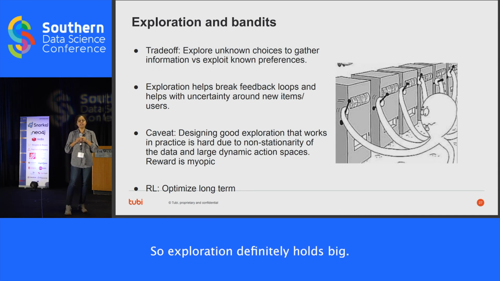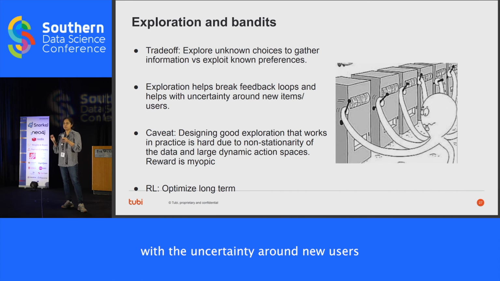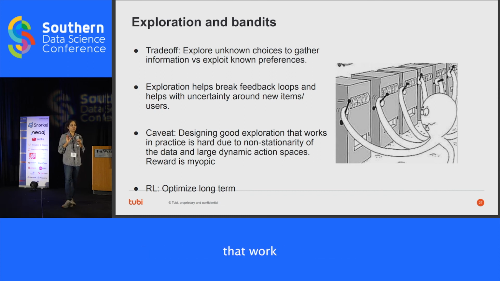Exploration definitely helps break the feedback loops and helps with the uncertainty around new users and new items. However, it comes with a big caveat. Designing good exploration strategies that work well in practice is still an art.